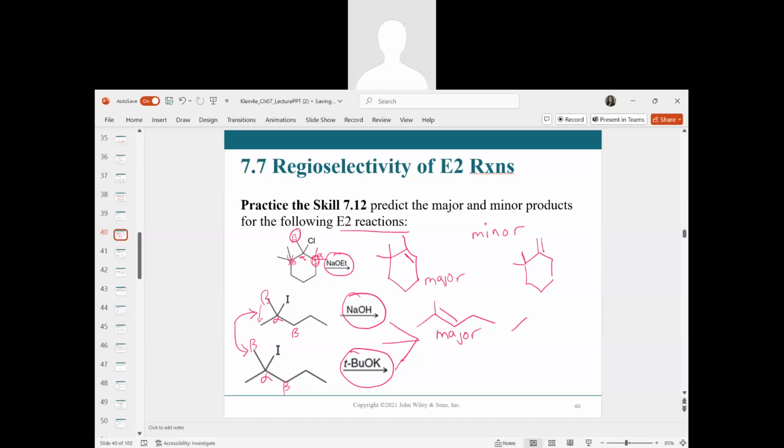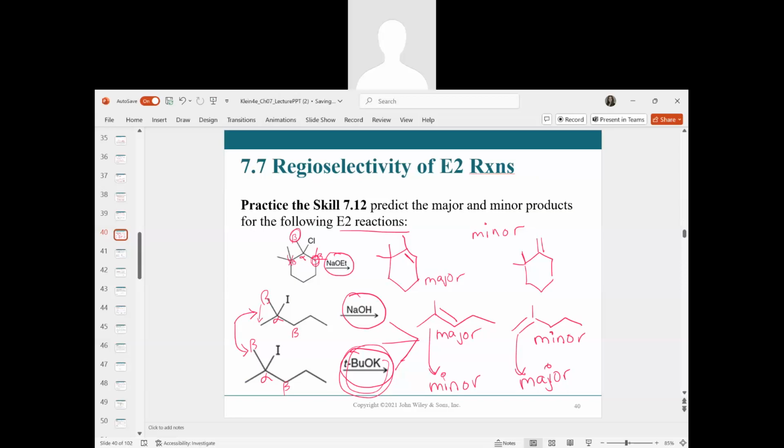And then the least sterically hindered Hofmann product would be our minor product. And then, like I said, the opposite would happen with this bulky base. So down here, this would be the minor product due to tert-butoxide being used. And then over here, this would be our major product.